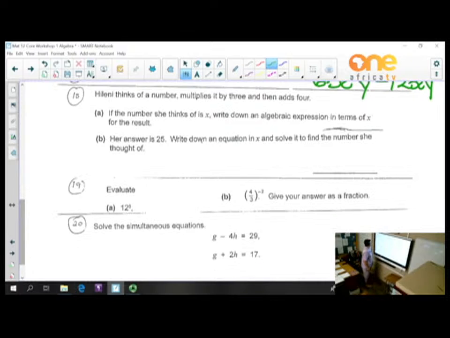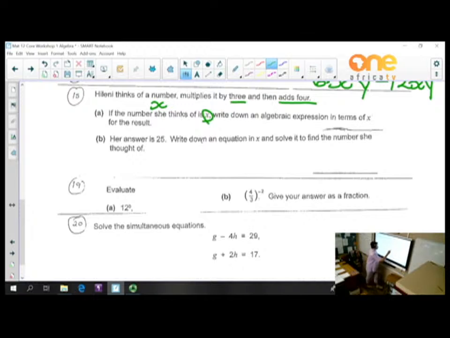Question 15 is again a word sum. Eleni thinks of a number. That number we're going to make x. She multiplies it by 3 and then adds 4. You just do it step by step. The number she thinks of is x.